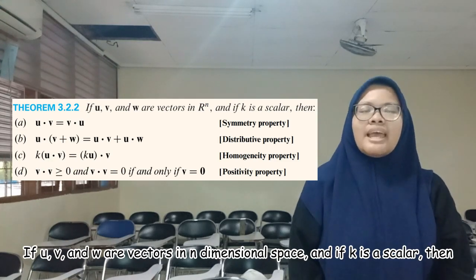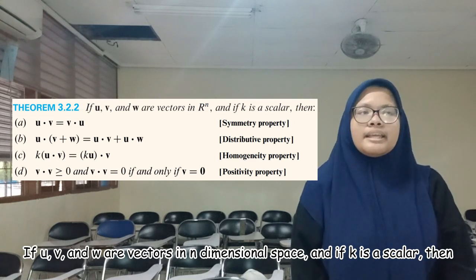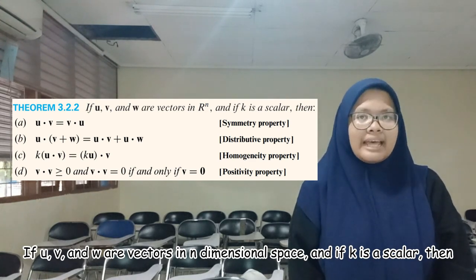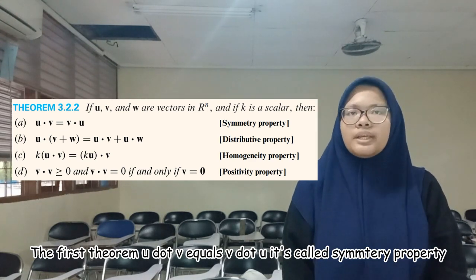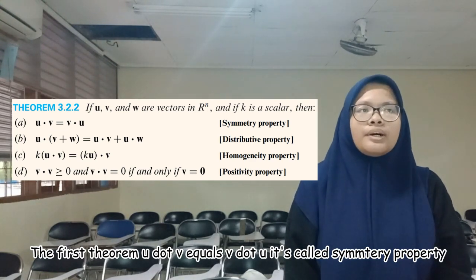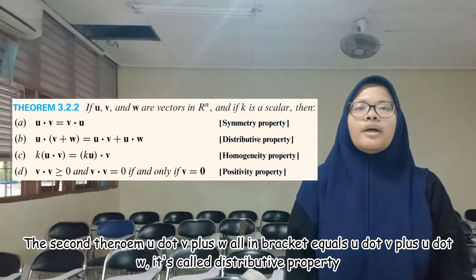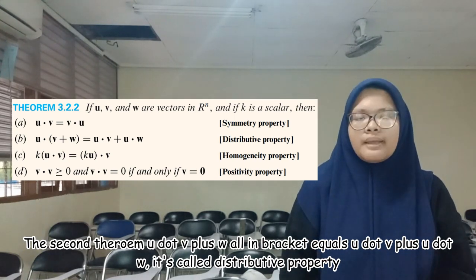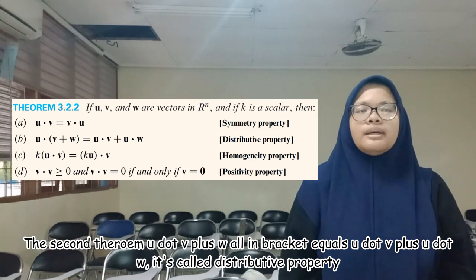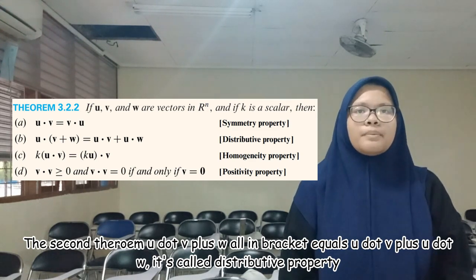Theorem 3.2.2. If u, v, and w are vectors in n-dimensional space, and if k is a scalar, then the first theorem: u dot v equals v dot u, called the symmetry property. The second theorem: u dot (v plus w) equals u dot v plus u dot w, called the distributive property.